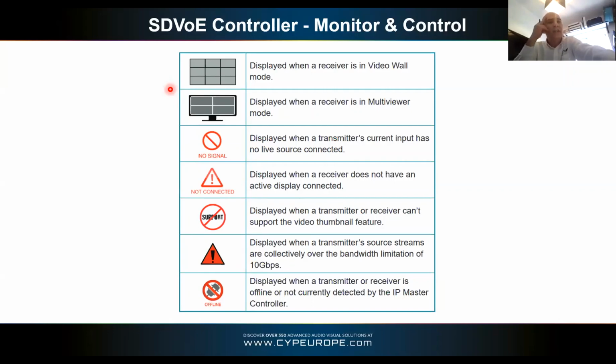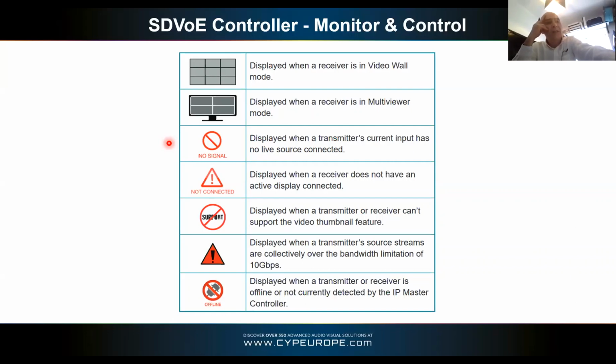And then you've got no signal. This tells you that the transmitter can't see a live source. Either your source is not on, it's disconnected, or perhaps you've selected one of the other inputs. The transmitter is not actually seeing a source right now.